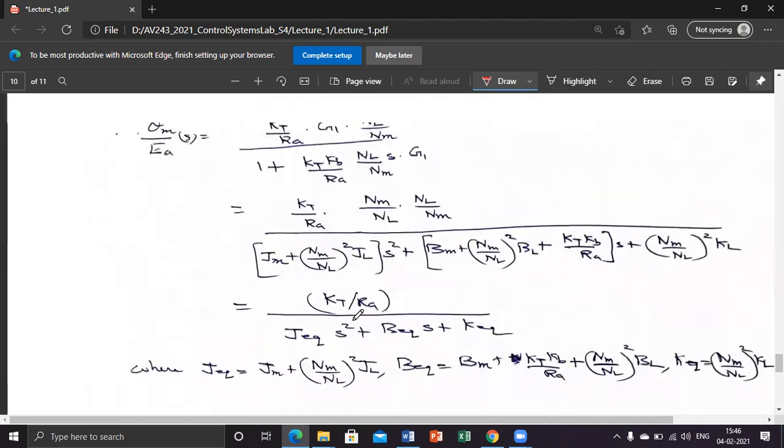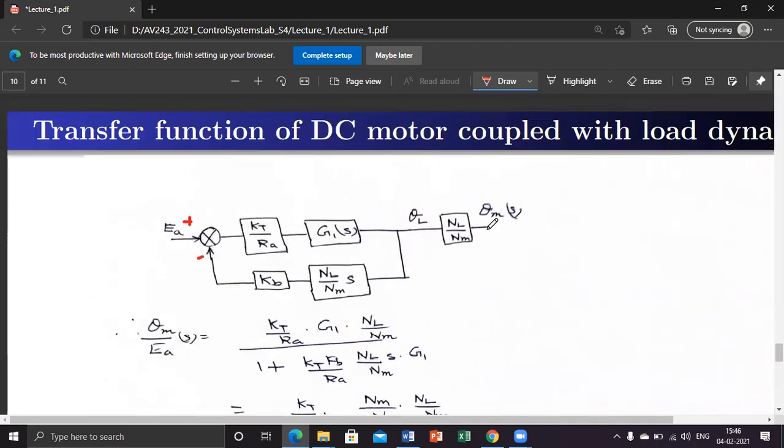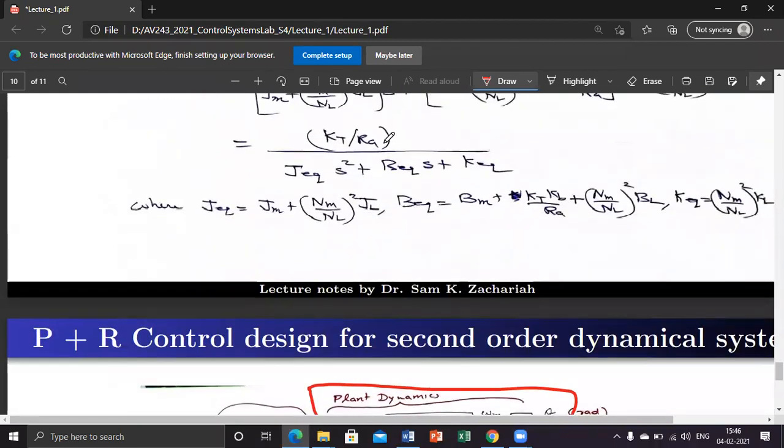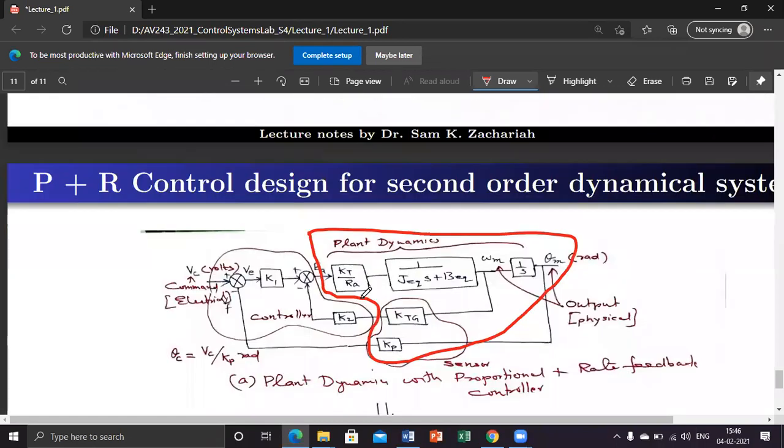That is based on this equation. We have theta m, EA, and theta m dot is also possible by simply multiplying by S. And after solving all these things, you get this KT by RA into J equivalent S square plus B equivalent S plus K equivalent. That same thing I put as KT by RA into J equivalent S plus B equivalent.